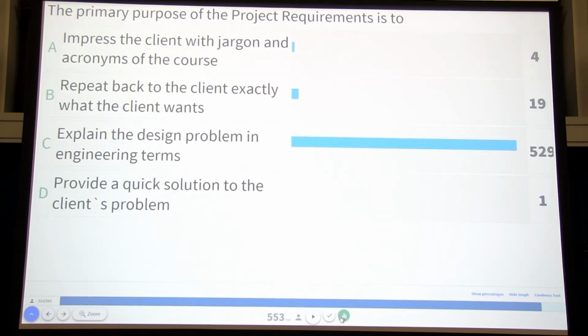And the people in the room all got it right. Excellent. So 531 at 33. It shouldn't be, oh well, it sometimes is a little slow.